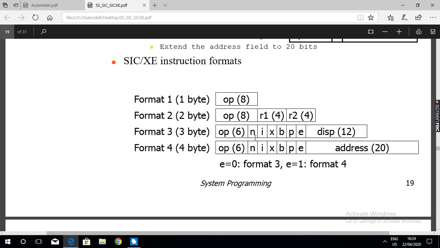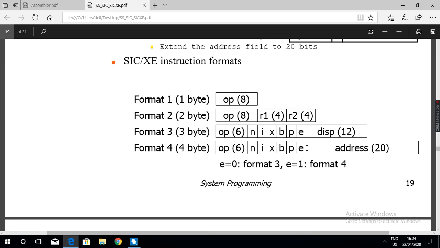These bits indicate what type of addressing mode is followed in the instruction. Addressing mode is used to calculate the effective address of the operand. There are many addressing modes.